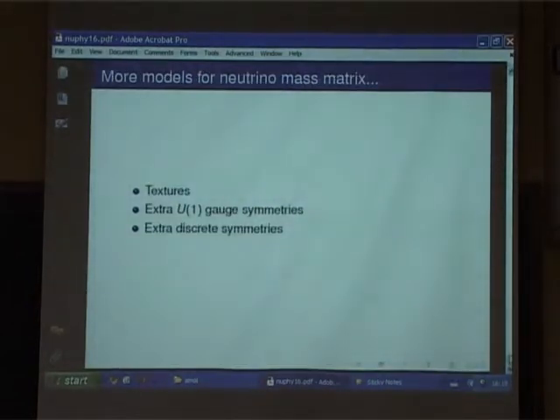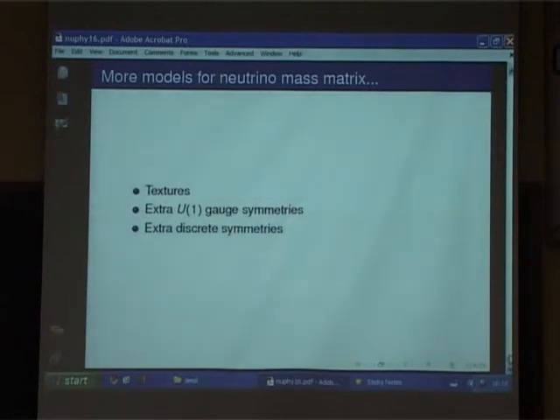These are just very few things. People know about textures. Textures means that the mass matrix has some zeros; people call zeros textures. People also use extra U(1) gauge symmetries, like where there is U(1)_Y, there is some U(1)_X, giving some charges.